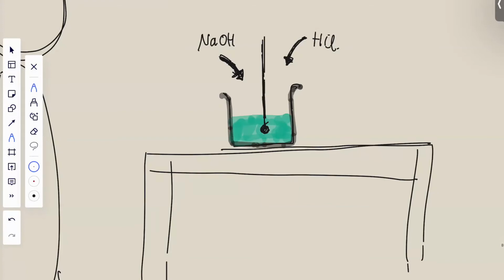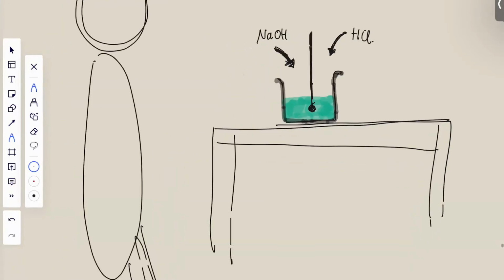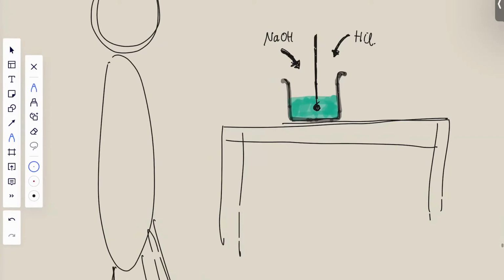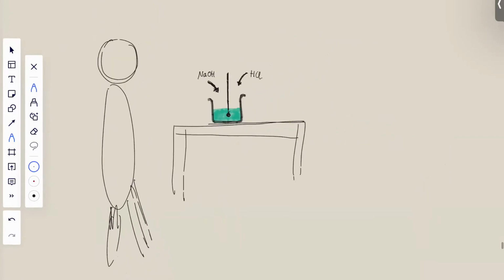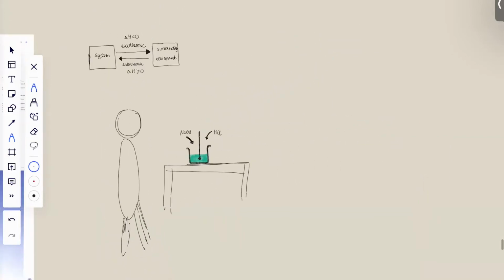The beaker itself, surrounding, the environment. The thermometer, environment. The table, environment. You yourself, environment. Good.